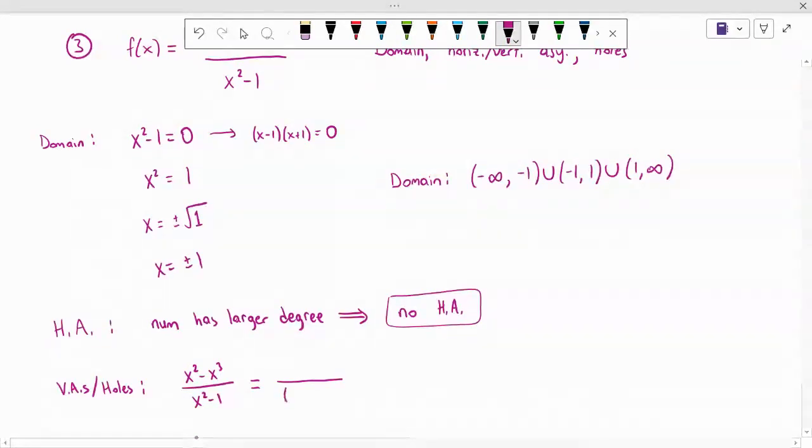We already talked about the denominator. It factored as x minus 1, x plus 1. And for the numerator, you want to start by factoring the x squared out first. If you factor out the x squared, you're going to get 1 minus x remaining, okay?